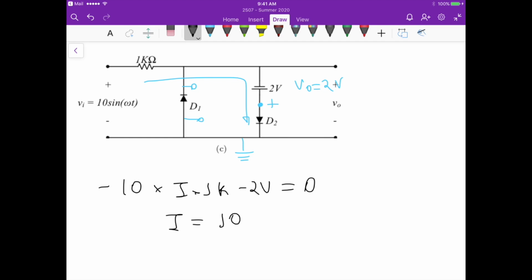So the current I is equal to 10, right? Or like, let's say we don't know the value of the voltage. So it's just like minus VI. So it's VI, because then we can figure out what's the condition to have a positive current. So it's VI plus 2 volts divided by R. Now for this current to be positive, and indeed we then observe a current flow in this direction and diode 2 is conducting, this numerator here must be positive.